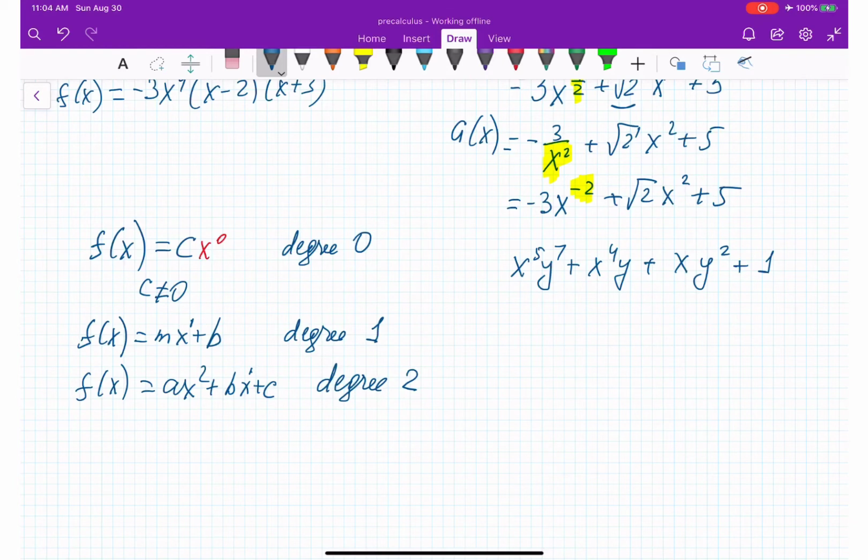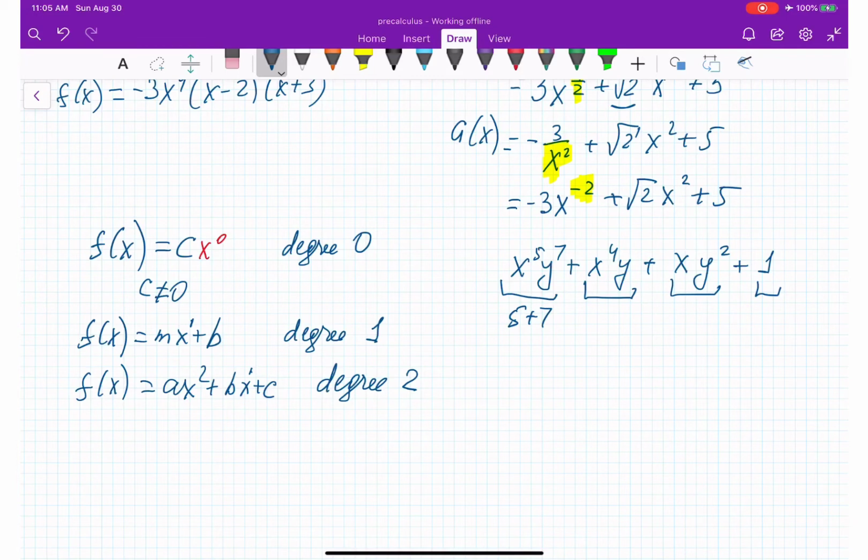How do we define the degree of this polynomial? We need to identify the degree of every single term. Every term is separated by plus or minus signs. So the degree of the first one is 5 plus 7.